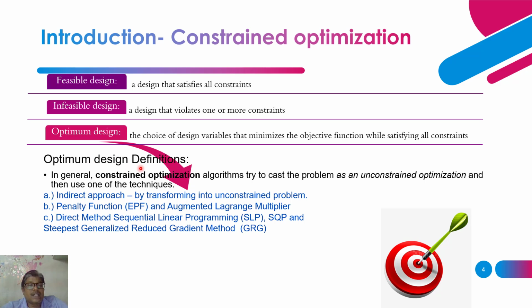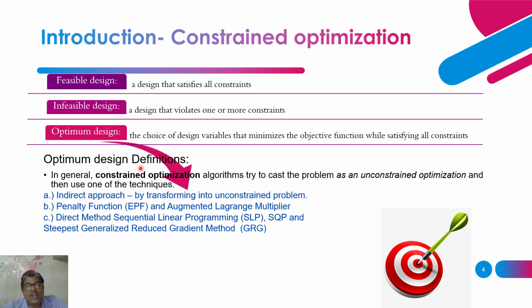In general, converting the constraint optimization problem into an unconstrained optimization problem is called design optimization. There are many methods available, but three methods are very famous. The first method is called the indirect method, where they transform the constraint optimization into an unconstrained optimization problem.